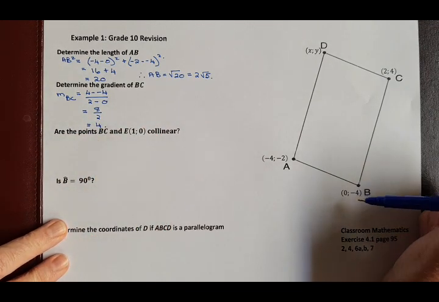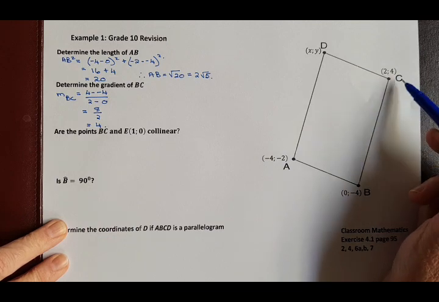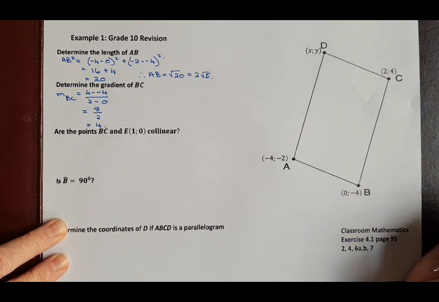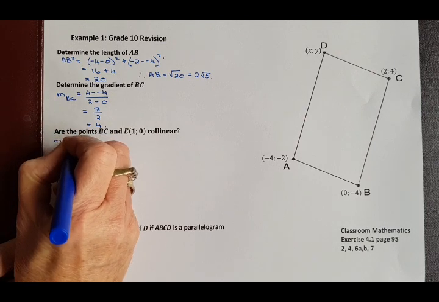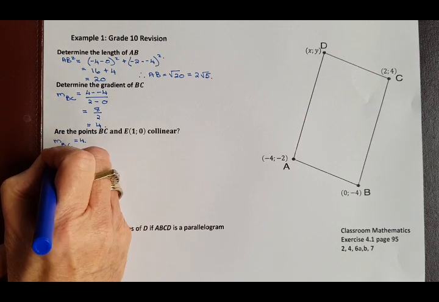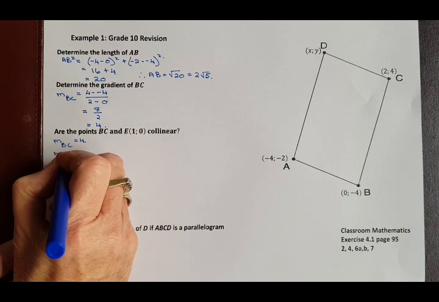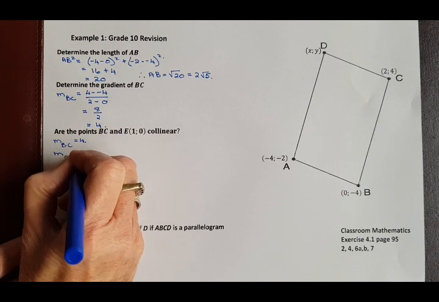Now, E is some point (1,0), and the question is, is it going to lie on BC? So the trick here is to have a look at the gradient of BC. We already know that that is 4. And then also to calculate the gradient of CE.